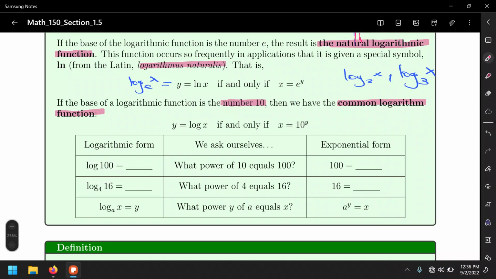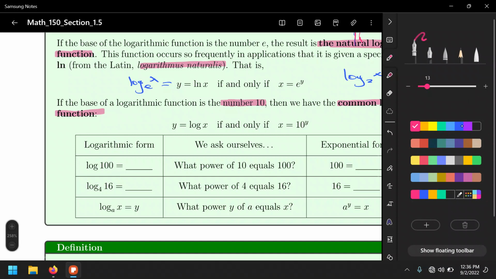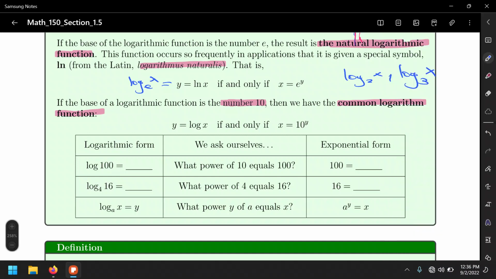So what power of 10 equals 100? 2. Now, let's rewrite this in its corresponding exponential form. Log of 100 equals 2 because 10 to the second power equals 100. That's how we go back and forth between exponential form and logarithmic form.